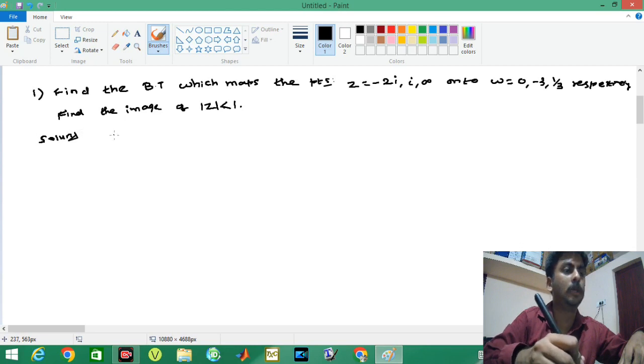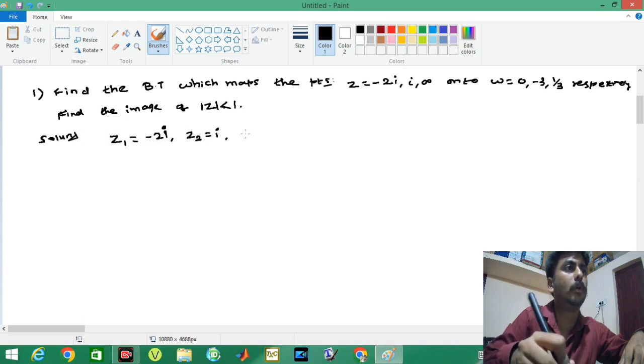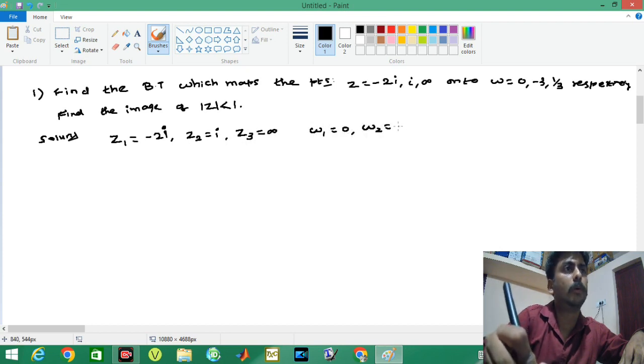The z points are z1 equal to minus 2i, z2 equal to i, z3 equal to infinity, and w1 equal to 0, w2 equal to minus 3, w3 equal to 1 by 3.